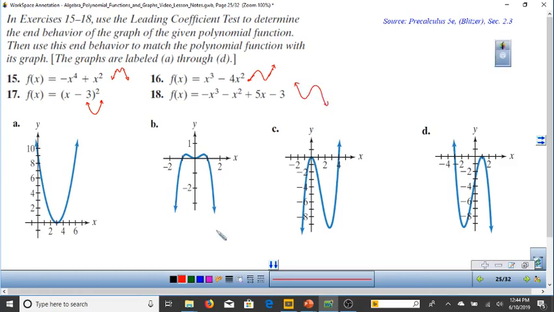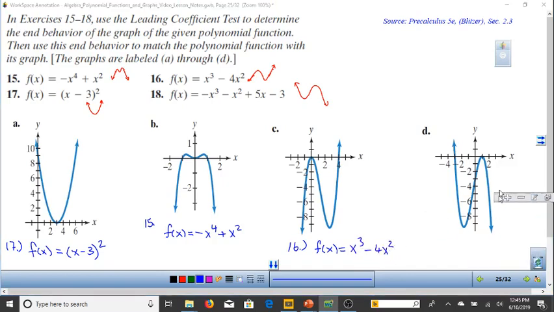And then, as you can see from these descriptors, graph A matches up with number 17, which is f of x equals (x minus 3) squared. Graph B seems to match up with number 15, so that's the graph of f of x equals negative x to the 4 plus x squared. Graph C matches up with number 16, f of x equals x cubed minus 4x squared.